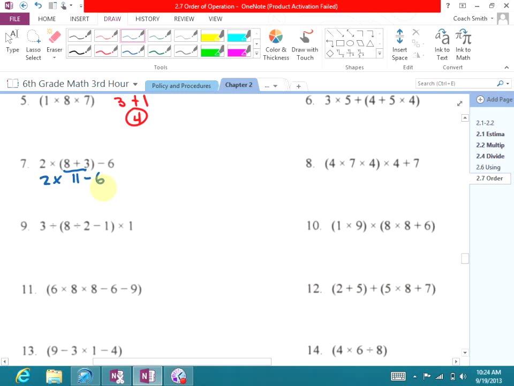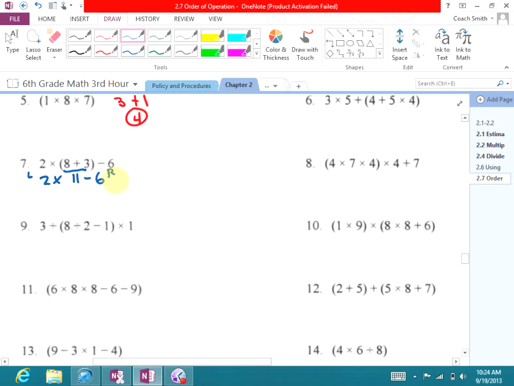Okay? Now, what some of you are doing is I've seen, not on this specific problem, but on number 8, you've got to rewrite the problem. You can't just start jumping around and not rewrite the problem and always go back to the left. So as I move from left to right, 2 times 11 minus 6.